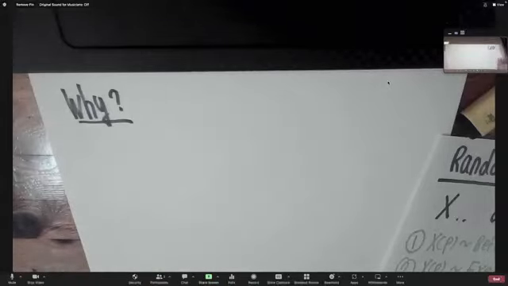But for these random functions, maybe it's not immediately obvious why we want any notion of derivative for these programs. So why do we want to differentiate these? Maybe this is a question I can ask the class. Why might we want to differentiate these sorts of programs?